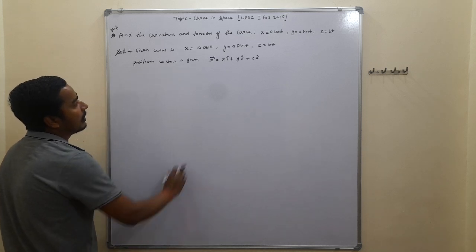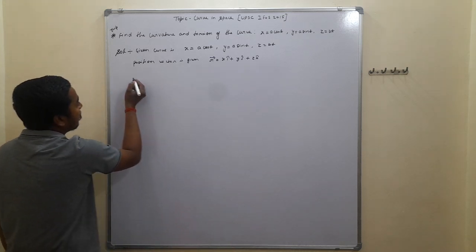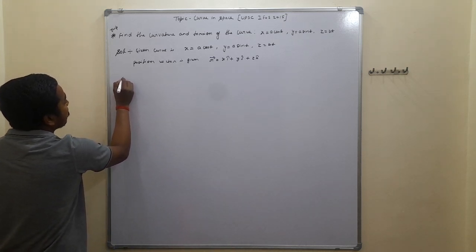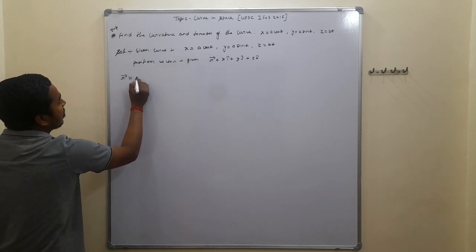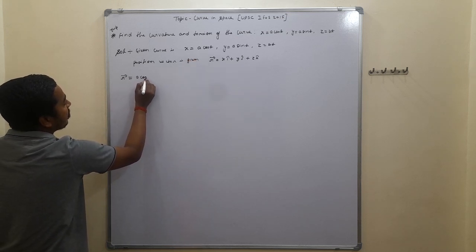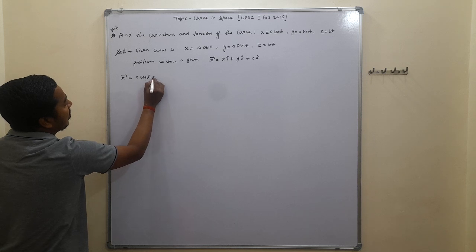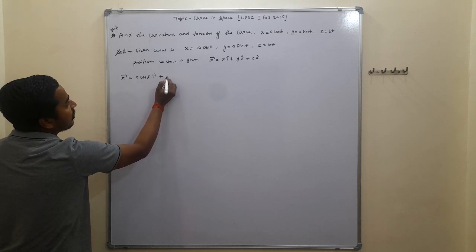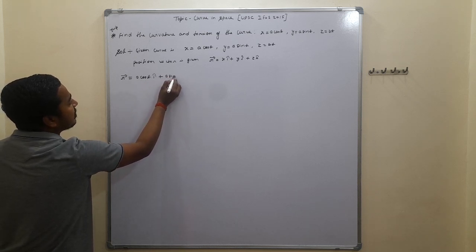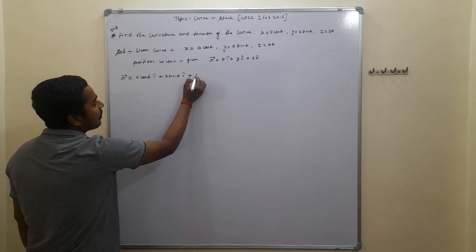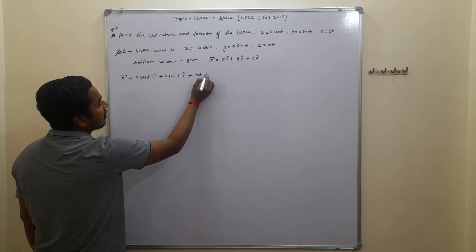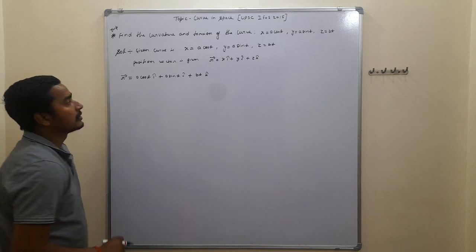We have to put the values of x, y, z in the position vector. This becomes r vector equals a cos t i cap plus a sin t j cap plus bt k cap. This is the position vector.